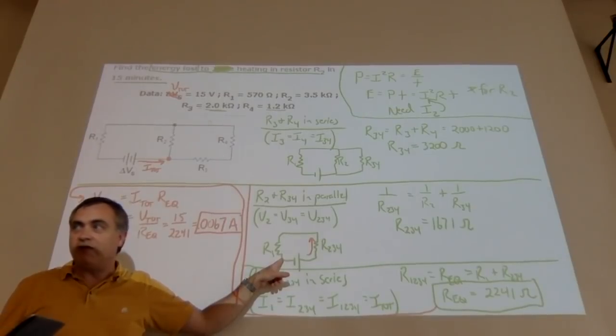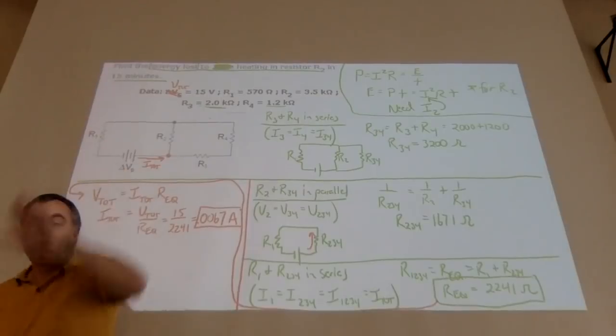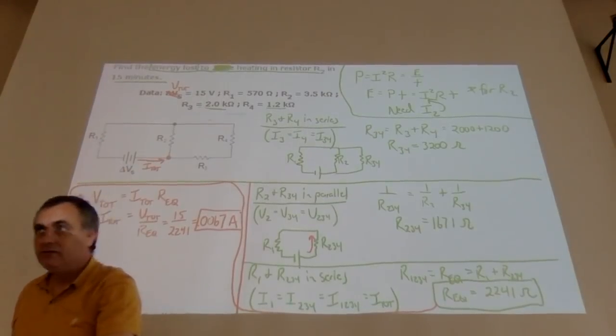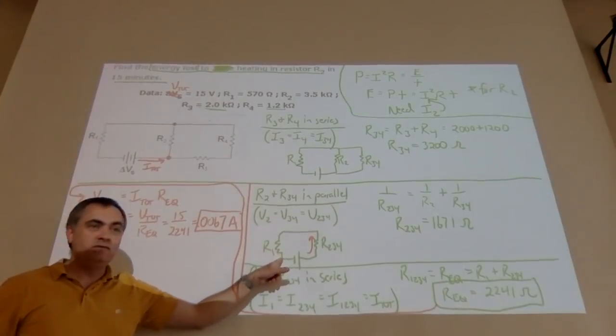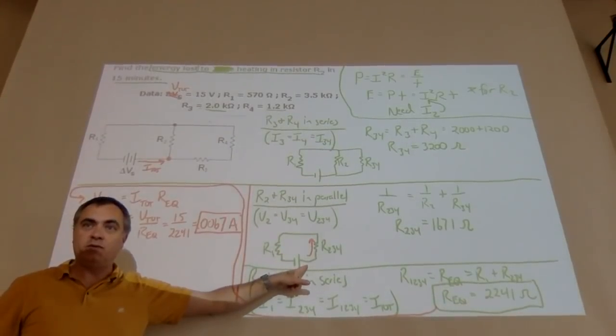How much voltage is left? It was up at 15, it went down 11.2, it's got to go the rest of the way. It sounds like there's 3.8 that will drop for this other resistor as it comes back around to the beginning.